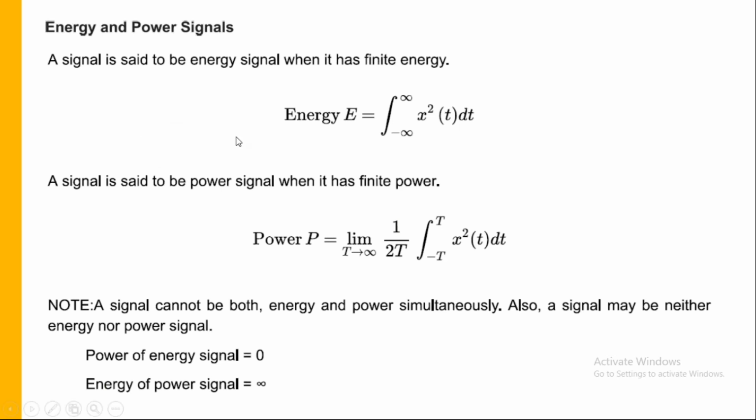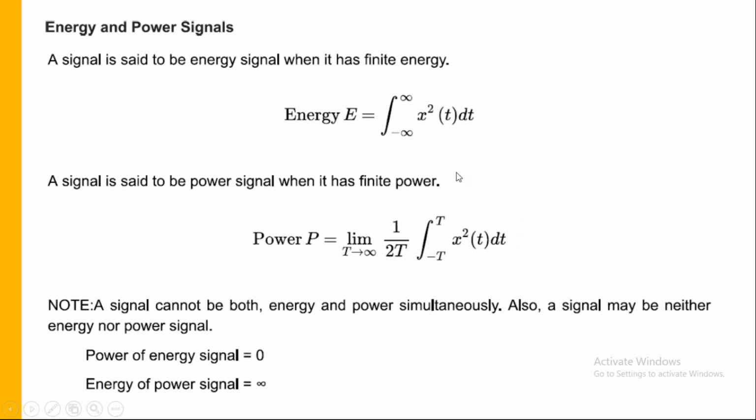The difference between an energy signal and a power signal is that for a power signal you have a mathematical equation. You have to write power equal to the limit as T tends to infinity, where T is the period of the signal, of 1 by 2T times the integral from minus T to T of x squared t dt.